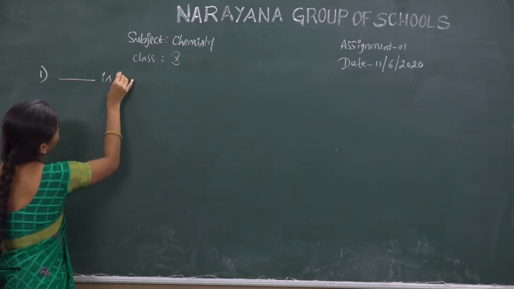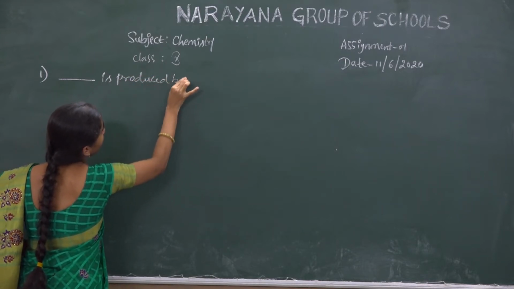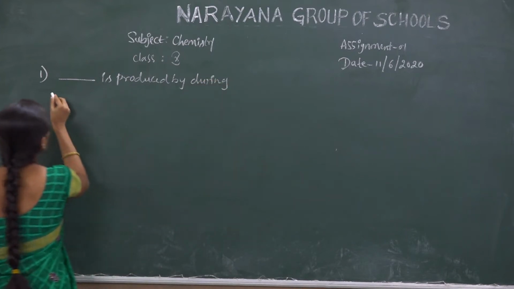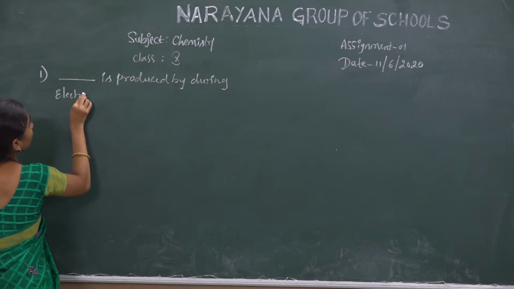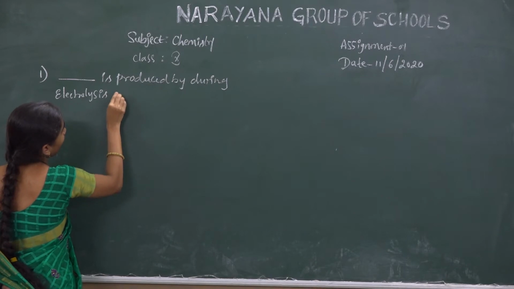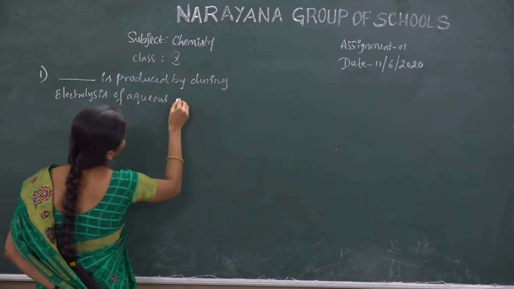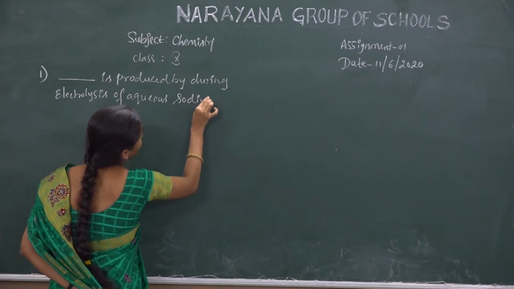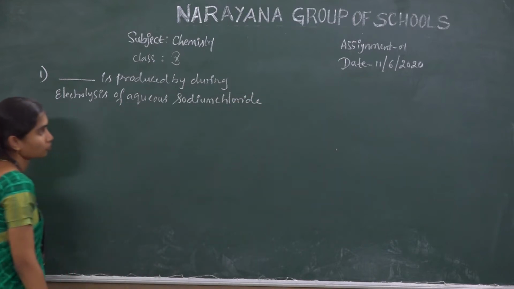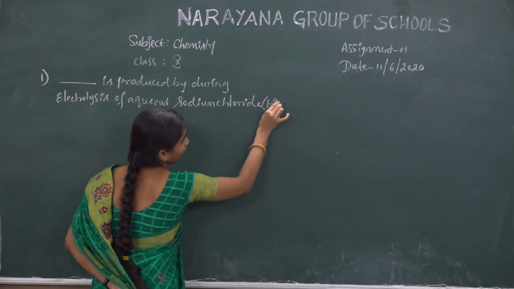Dash is produced during electrolysis of aqueous sodium chloride, and we can also call it brine.